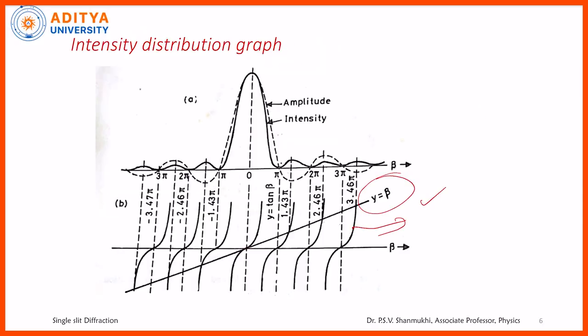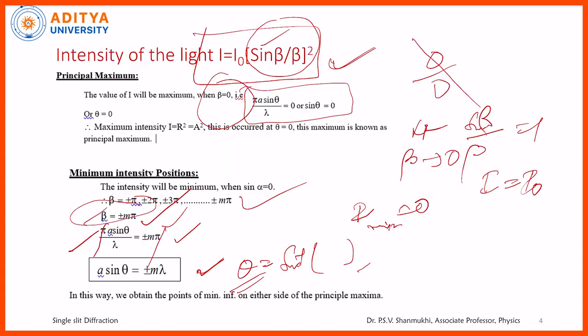These two graphs will intersect at various points. What are those points? Beta is equal to 0 and 3 pi by 2, 5 pi by 2, 7 pi by 2, etc. 3 pi by 2 means 1.5 pi. Beta is equal to 0 we have already discussed, that is the central maximum or principal maximum.